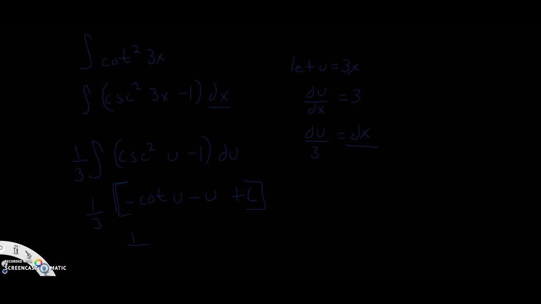So now I'm going to get 1/3 times the quantity negative cotangent u is 3x minus 3x plus c. Or you could say negative cotangent of 3x over 3 minus x plus c. And if you check the derivative of this, it will equal cotangent squared 3x.